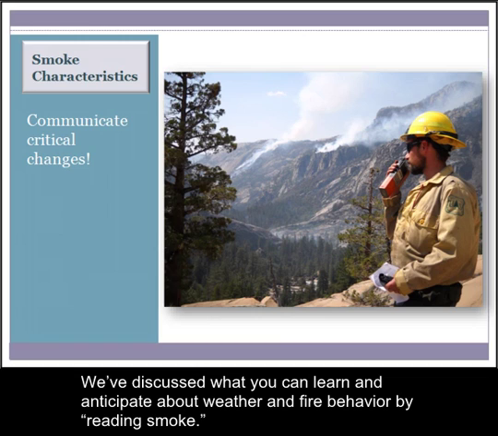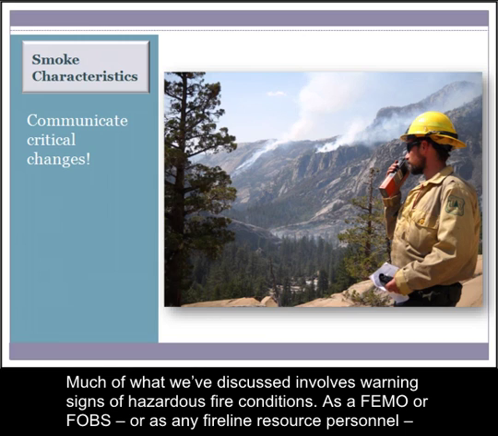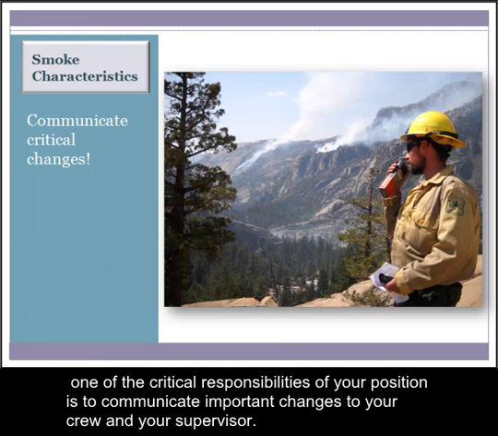We've discussed what you can learn and anticipate about weather and fire behavior by reading smoke. Much of what we've discussed involves warning signs of hazardous fire conditions. As a FEMO or FOBS, or as any fireline resource personnel, one of the critical responsibilities of your position is to communicate important changes to your crew and your supervisor.